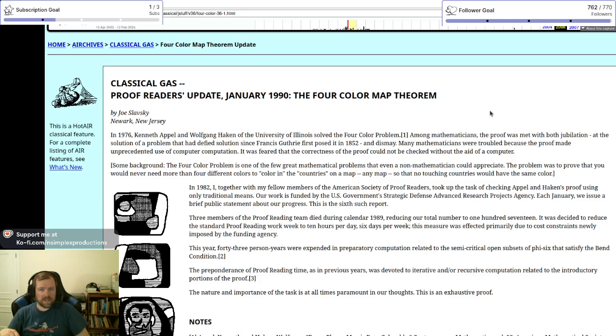In 1982, together with my fellow members of the American Society of Proofreaders, we took up the task of checking Appel and Haken's proof using only traditional means. Our work is funded by the U.S. government's Strategic Defense Advanced Research Projects Agency, DARPA.